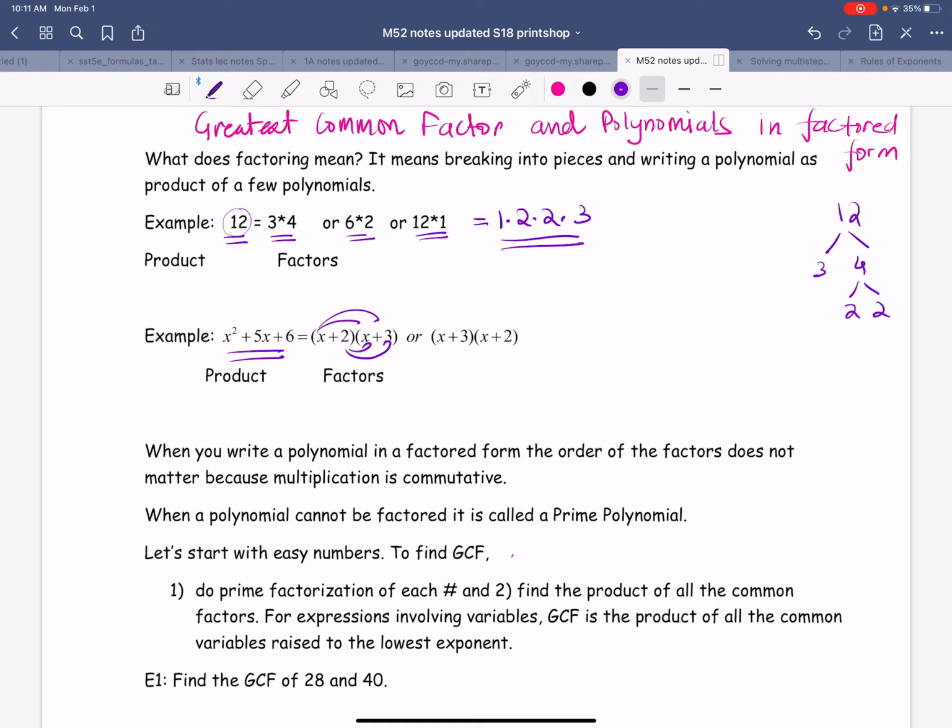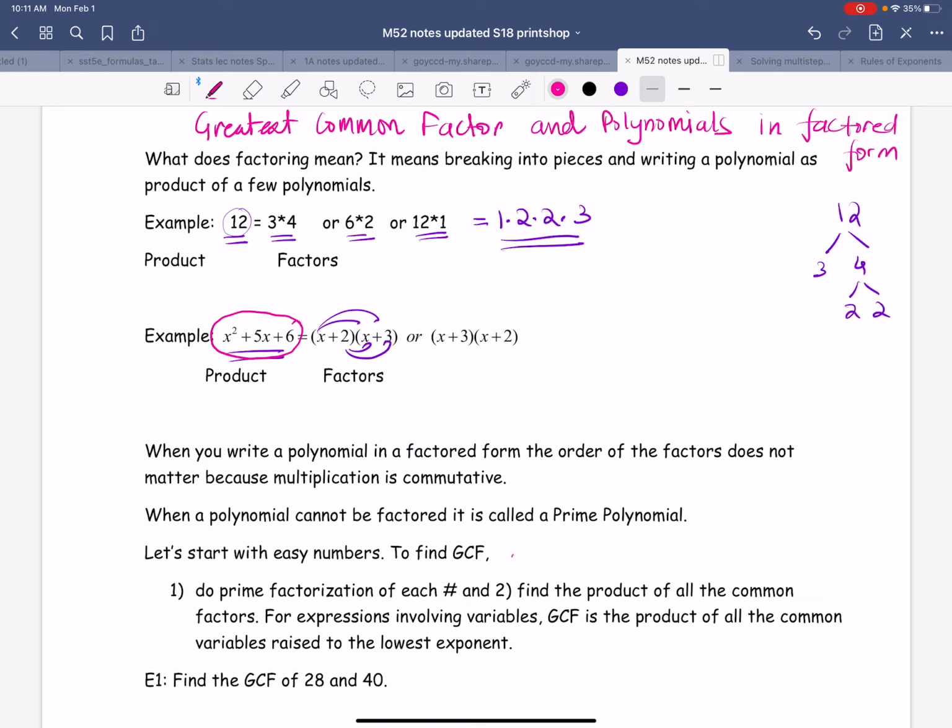So now we are going to start the process of breaking a polynomial back into its pieces. We won't do the quadratic polynomials in this section, but in the next section we'll focus on factoring the quadratic polynomials. In this section, our focus is greatest common factor and solving polynomials in factored form.